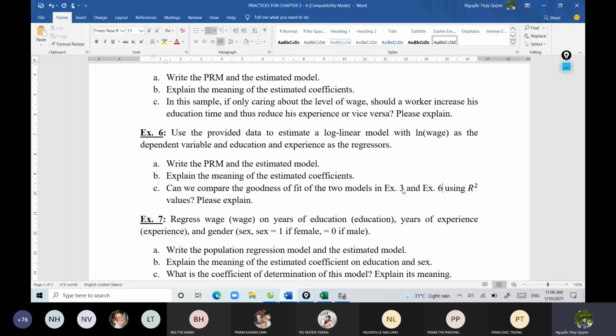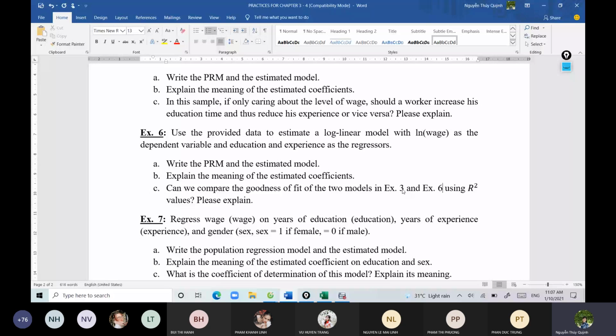Well, we cannot compare the goodness of fit using R-square. Why? Because R-square shows the goodness of fit between the sample regression model and the sample data.